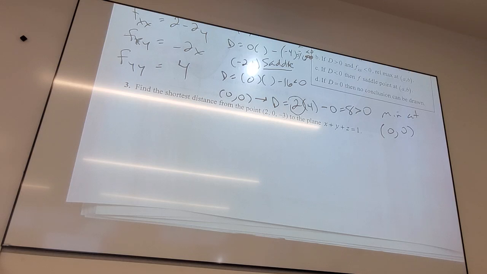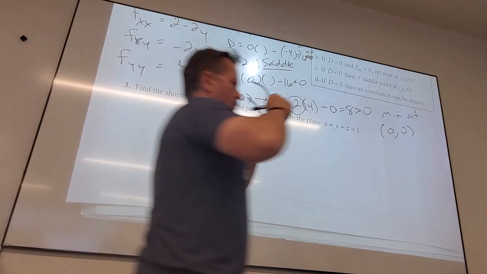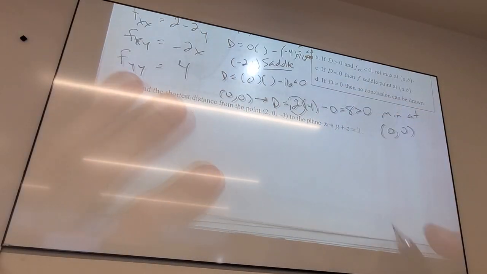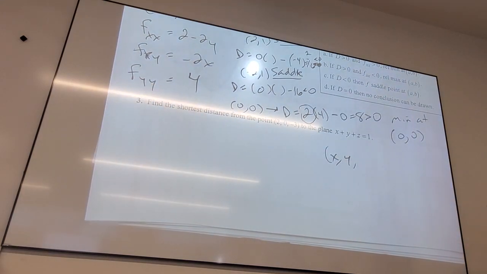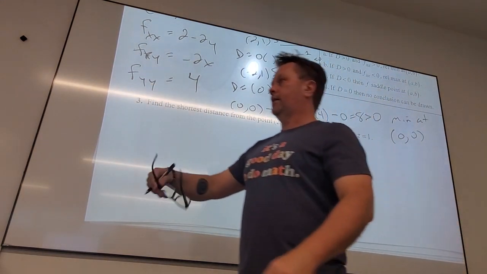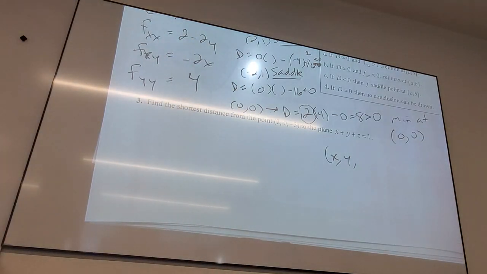So what's a point on this plane? X, Y, but now I gotta get serious, yes? I can pick anything I want for X, anything I want for Y, now I gotta get serious. What's the last one have to be then? Equal to 1. I need X plus Y plus this thing to be 1, yes?